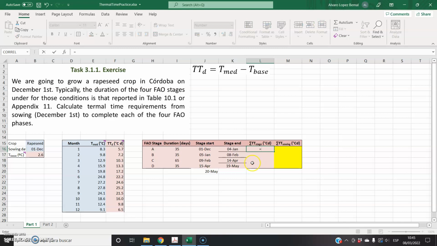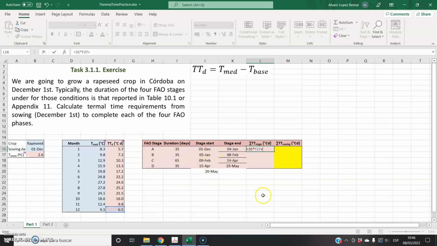So, for instance, in the case of stage A, the crop will stay in the field for 31 days in December, and in these 31 days we will be accumulating on average 6.5 degree days per day.